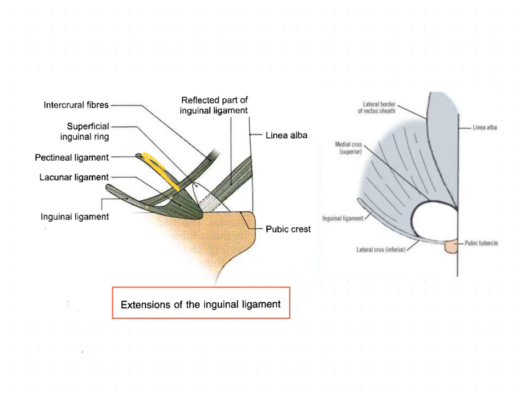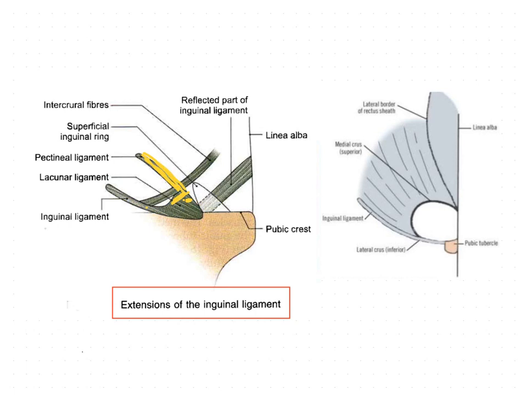This is also called the ligament of Cooper, which is an extension from the posterior part of the base of the lacunar ligament.